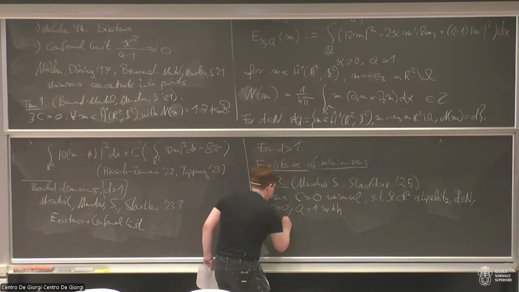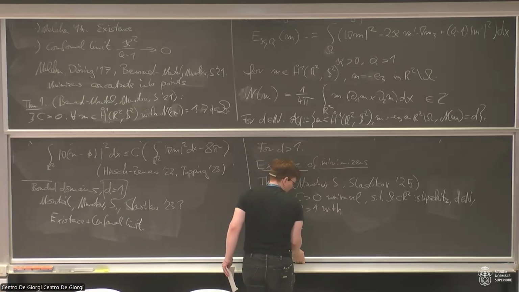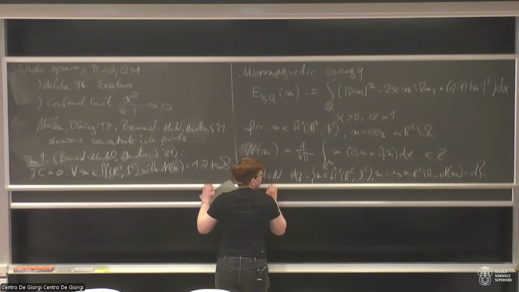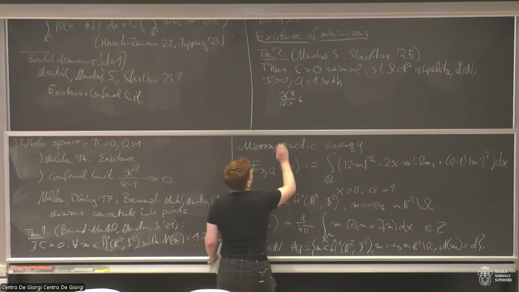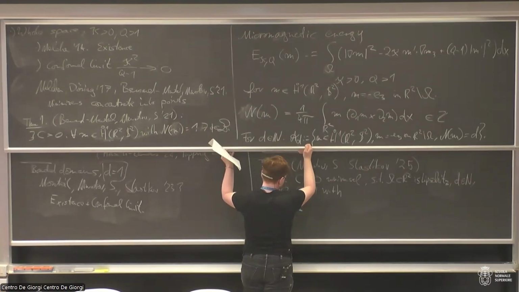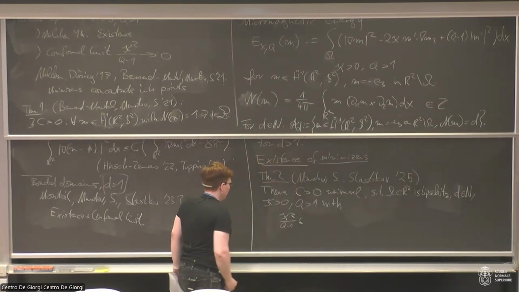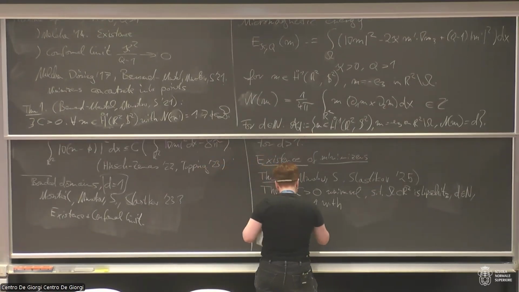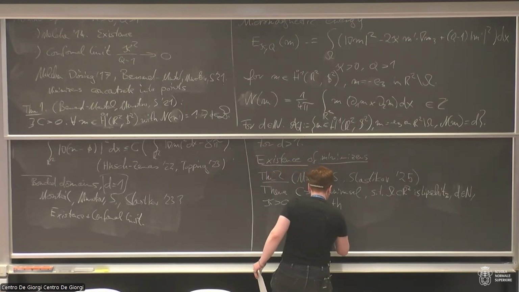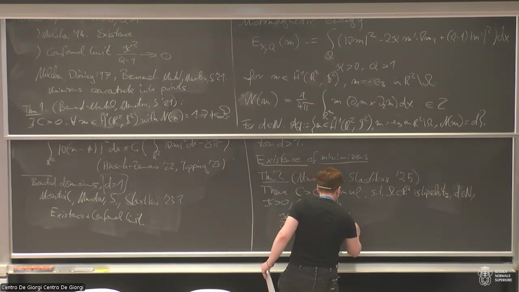The following is that kappa squared divided by Q minus 1 should be less or equal than the minimum of 2d plus 1, 1/2.